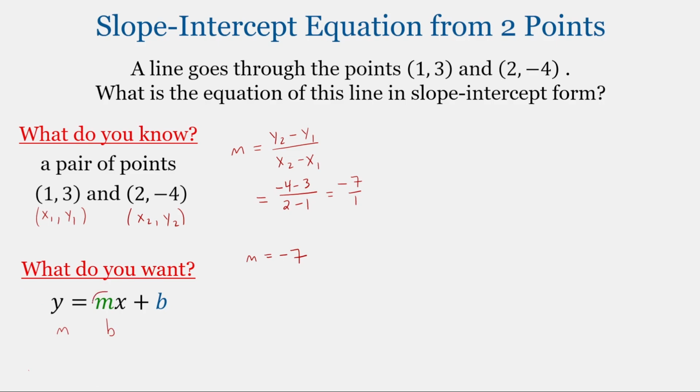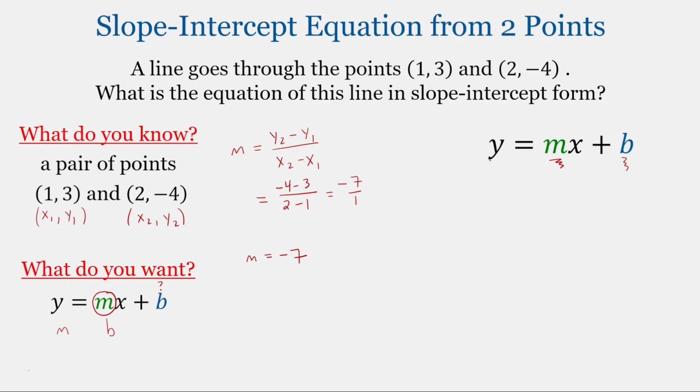So we found m. We know the slope. How about b? We want our equation in slope-intercept form. As we discussed the slope-intercept form in the past, we looked at this and said there are two pieces of information: we have the slope m and the y-intercept b.